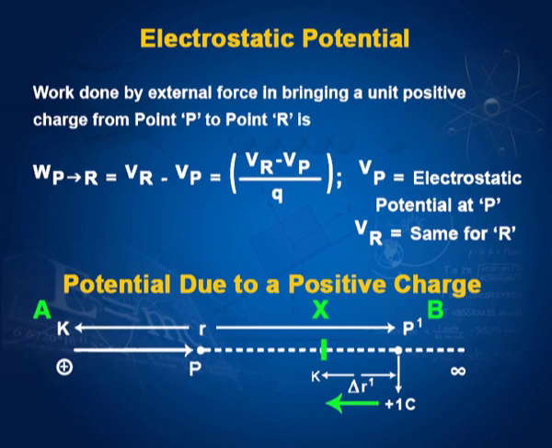For this distance, suppose the force applied is F and the distance is delta x. This is the energy that I am giving to the friend at point P dash, who will come to a certain point x to meet his friend A.